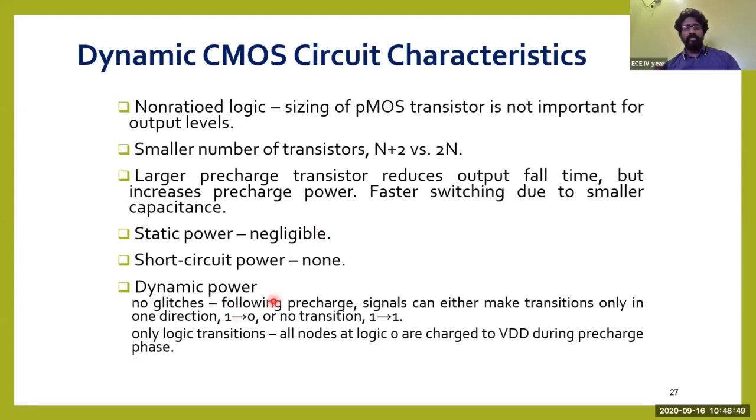Because following the pre-charge state, signals can make a transition in only one direction, either from 1 to 0 or no transition, that is 1 to 1. And a logic transition will take place only when all the nodes of logic 0 are charged to VDD during the pre-charge phase. So this is regarding what happens in the different kinds of structures which you have talked about in the previous slides.